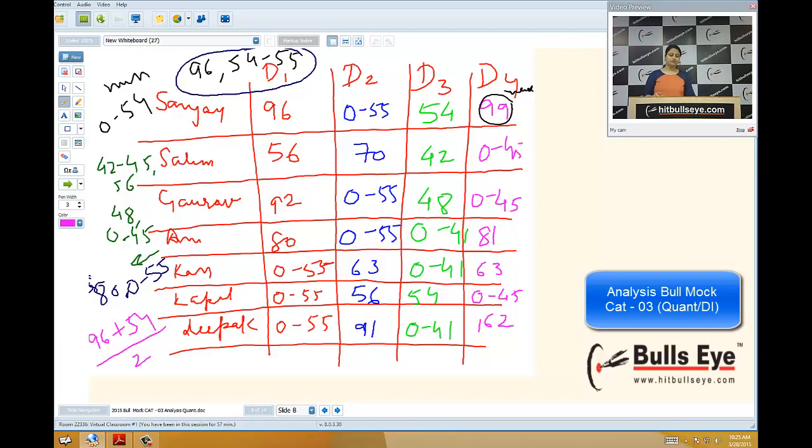Similarly, for Gaurav, for Amar and the remaining typists, we cannot calculate the exact value of sigma. That's why the answer is: except Sanjay, for all the remaining typists it is not possible to calculate the value of sigma if sigma is an integral value. Is it okay, Aman?